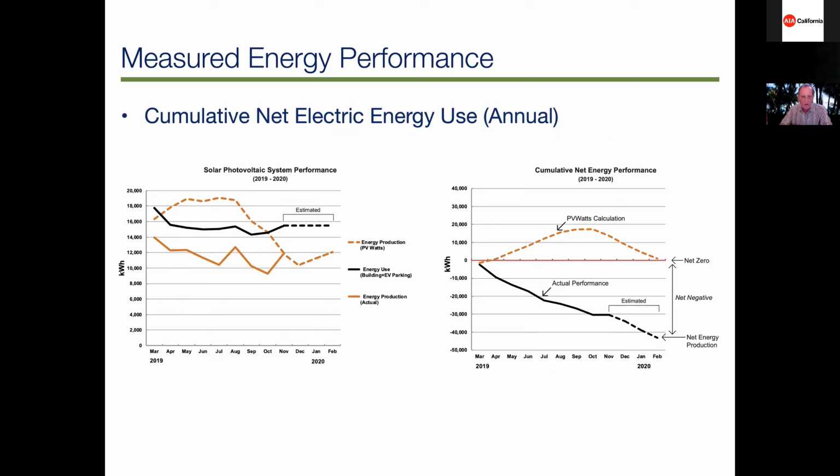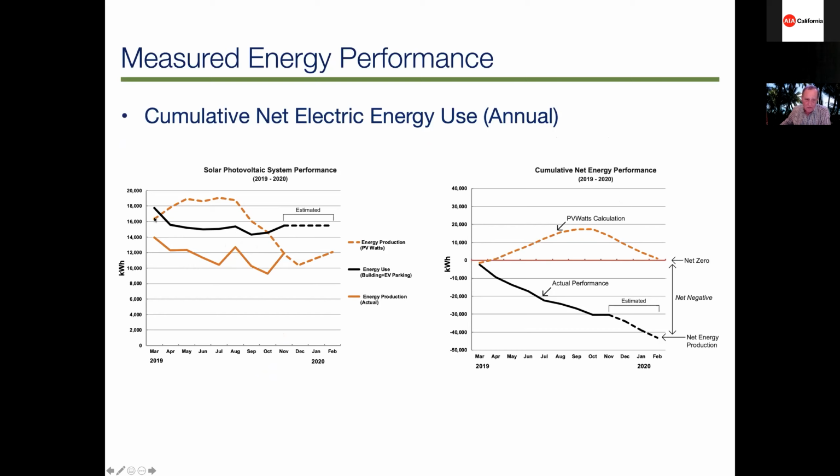So let me show you what happened. The actual is on the left, I think this works. I'm going to point to the chart here. This is the energy use in the solid black, and the solar produced during the same period is here in red, and you can see it's less than the amount used. So in the very first opening months, they weren't operating at net zero.